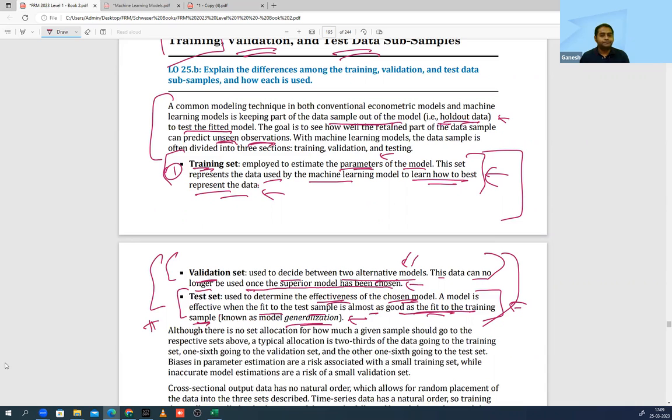Khatam hone ke liye. Kindly read, everybody, please read this section.